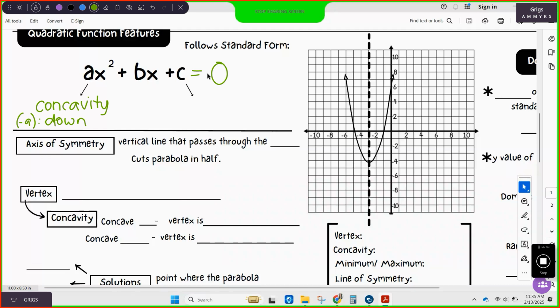We're going to come back to that in a second. And your c value is going to represent your y-intercept. What is a y-intercept? Where it hits the y-axis.